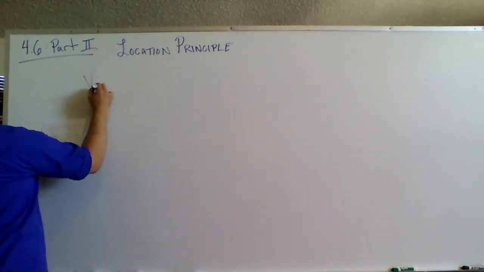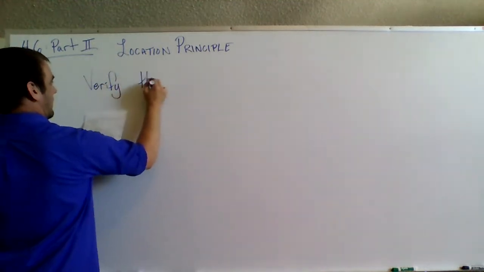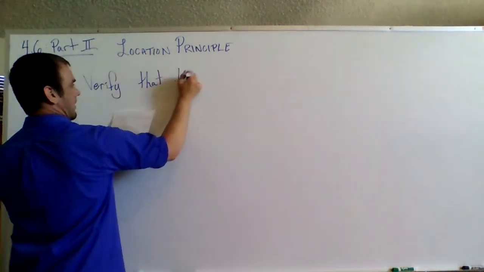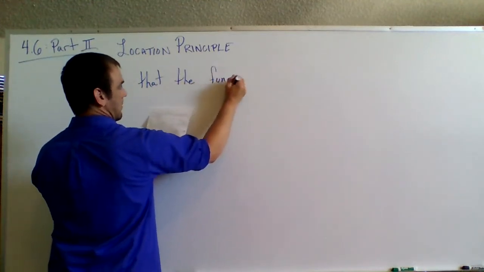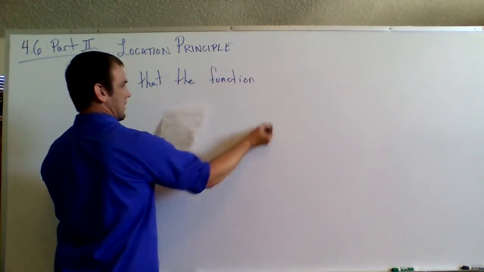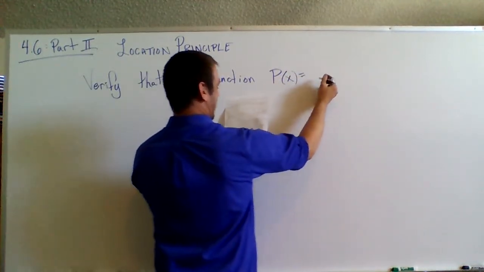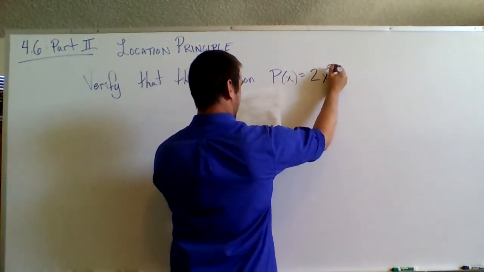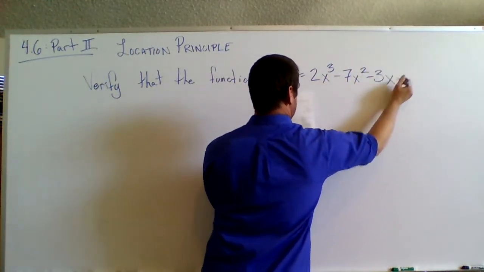So let's write some words down because we love words. Verify that the function, I'm not going to give you that dumb notation, we'll just say P of x. Mr. Herney hates that notation. Don't waste my time with that notation.